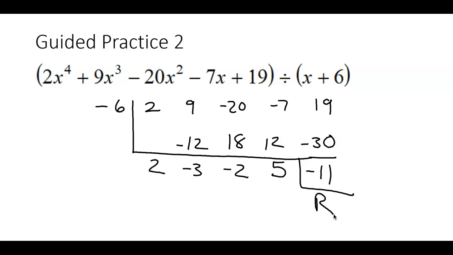Joshua, what's this guy right here? Constant. And then Jordan, what's this one? It is.